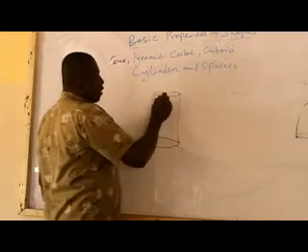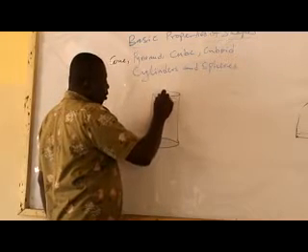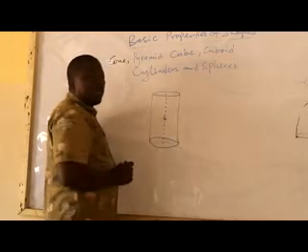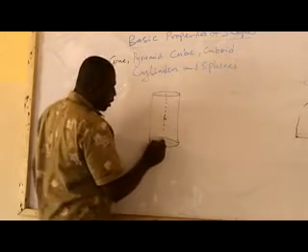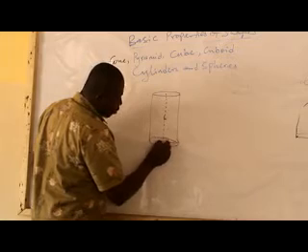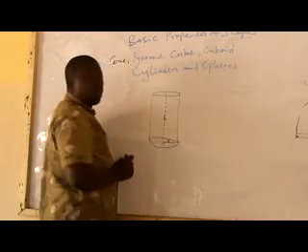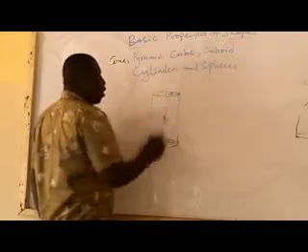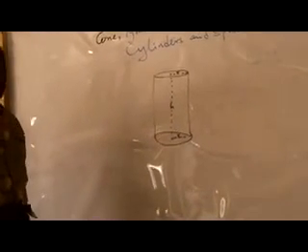The height of this cylinder, the distance from this point to this point, gives you the height of the cylinder. Then the circular face of this cylinder also has a radius, and the circular face on this side also has a radius. Also remember that since this cylinder has a circular face, it also contains a diameter.